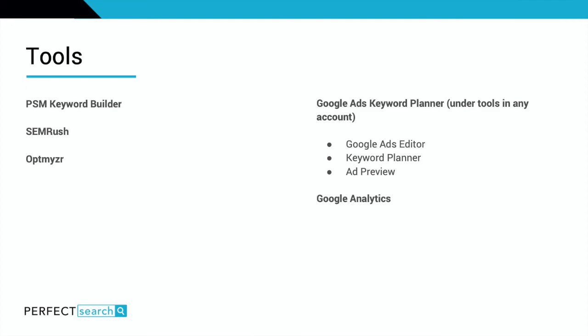Another big tool is obviously Google Ads Keyword Planner, and it's under the Tools and Settings section. And with the Keyword Planner, basically, you can do two things. The first thing is you can find more keywords, so you can put in maybe 3 or 4 keywords that are the core for your client, and then it'll give you all sorts of new keyword ideas. And it's a really good way to build out a new account.